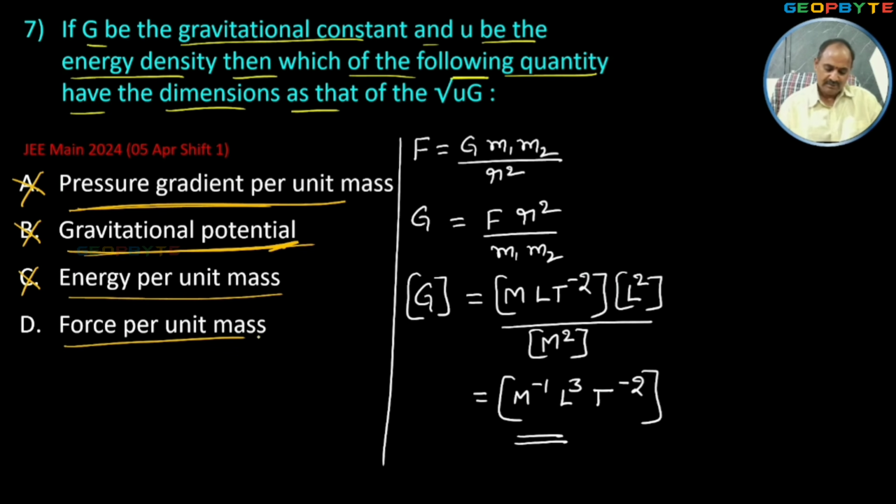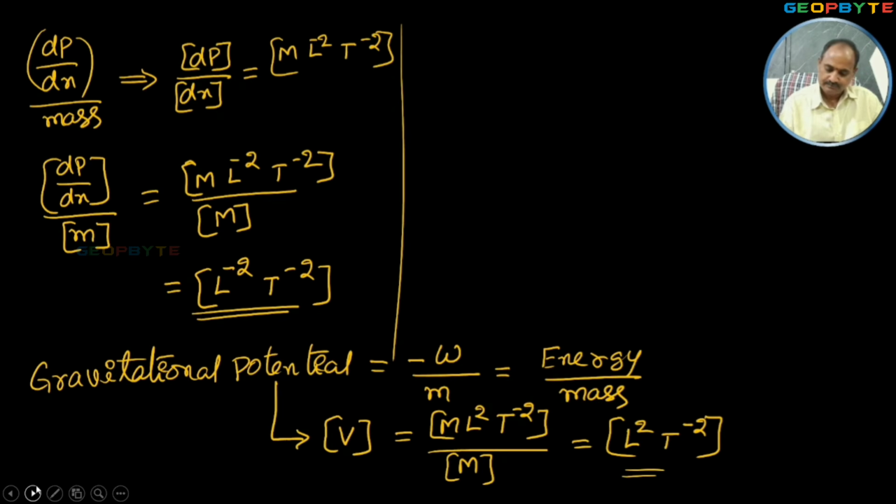Now look at the force per unit mass. Force dimensional formula dividing by mass dimensional formula. Force is M L T power minus 2 dividing by M. Now you simplify it.